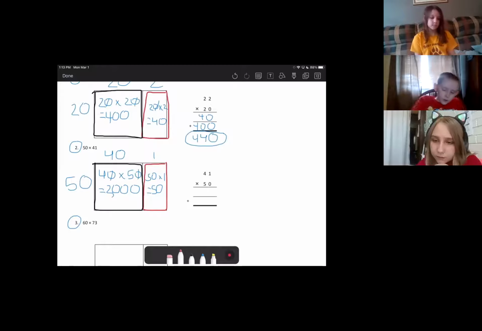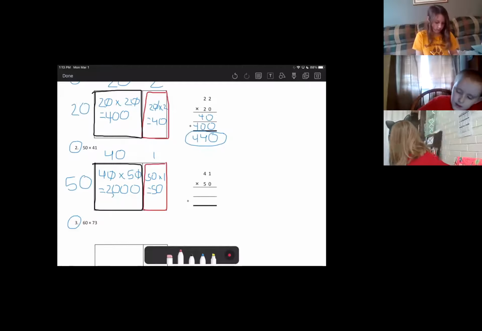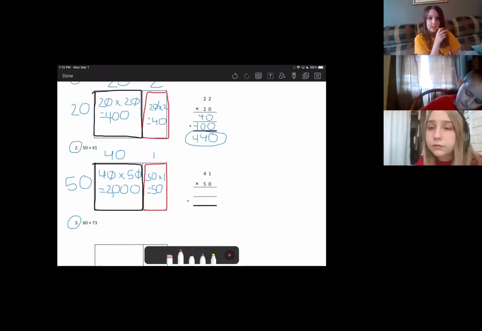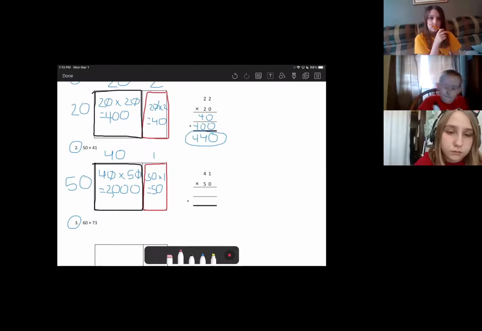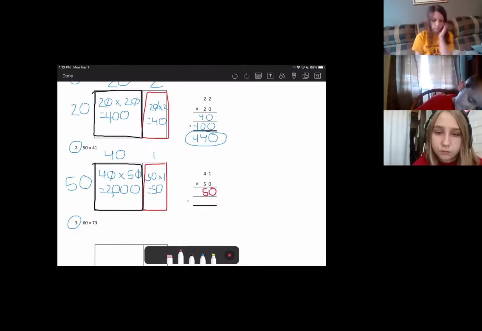All right, so now that I want to record my partial products vertically, which one did we do first? Ilea, which one did we do first? 50. 50, right? So I'm going to write it in red so that it matches our rectangle. First, we did 50 times 1, which equals 50.